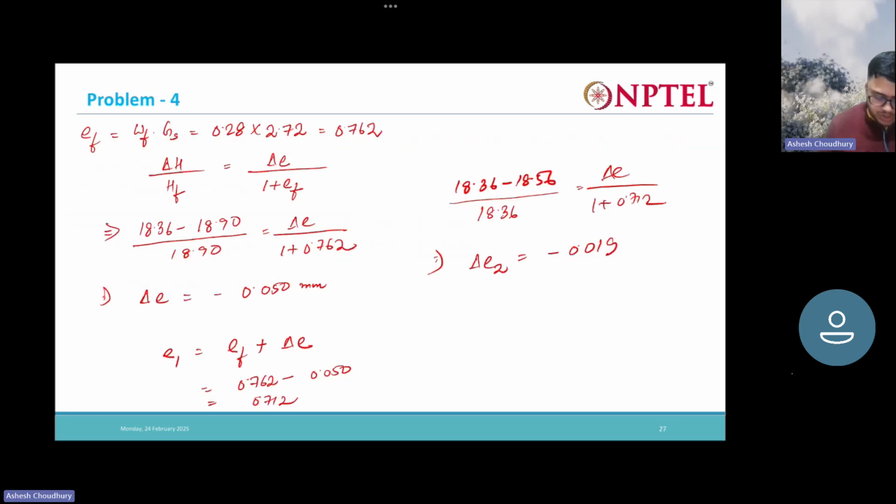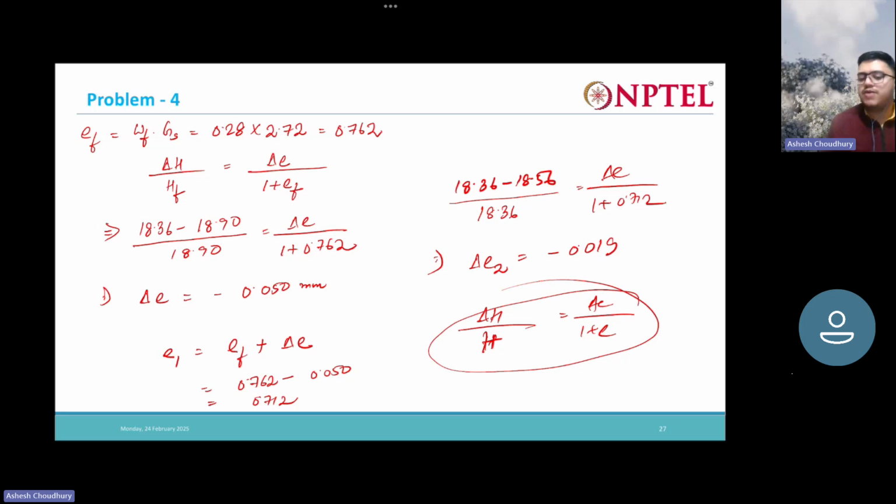Like this we can proceed. We are just using this relation: delta H by H is equal to delta e by 1 plus e. So this relation you are using to find it out.